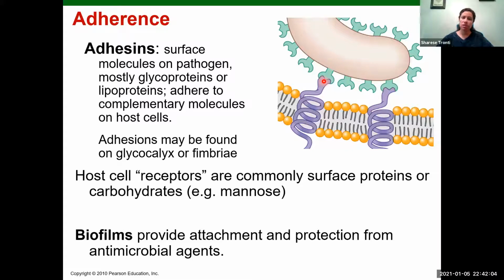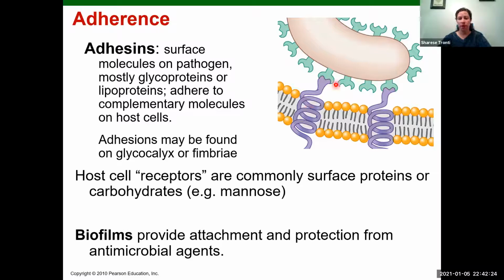The adhesins on the microbe surface can either be found in the glycocalyx or in the fimbriae. And they are going to bind to receptors, like I said, on the cell membrane of the host cell. Now, these receptors are naturally always there.